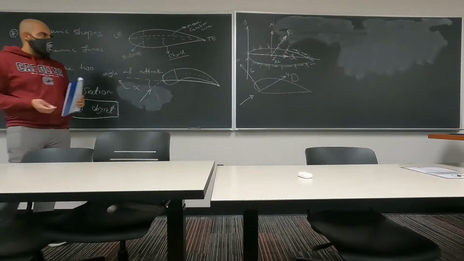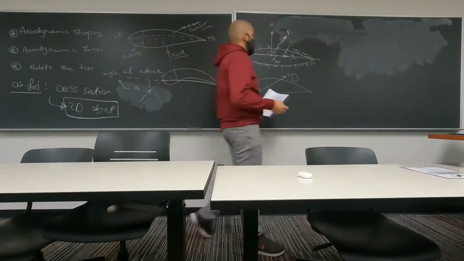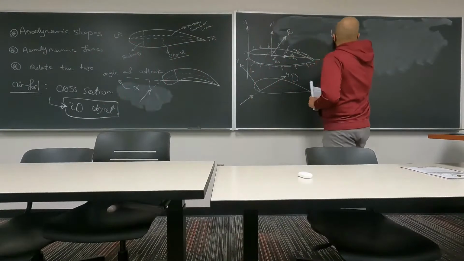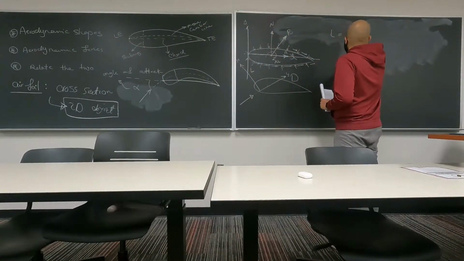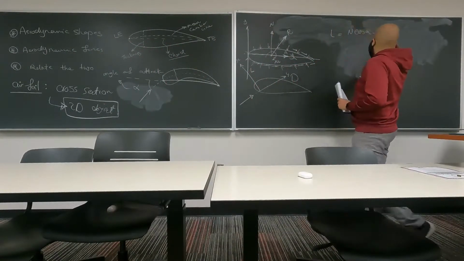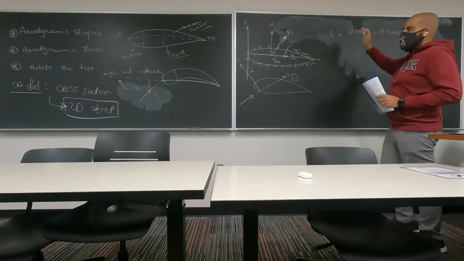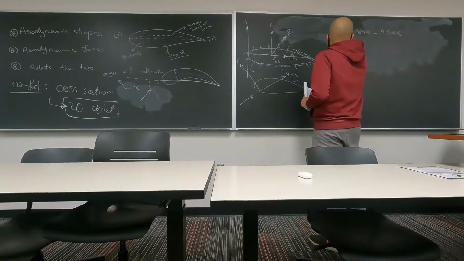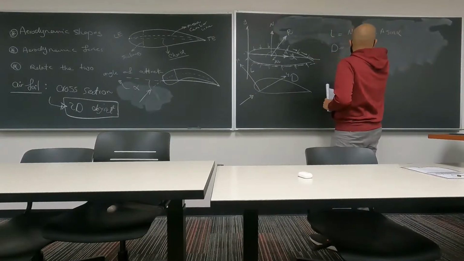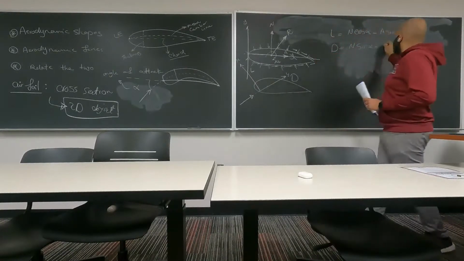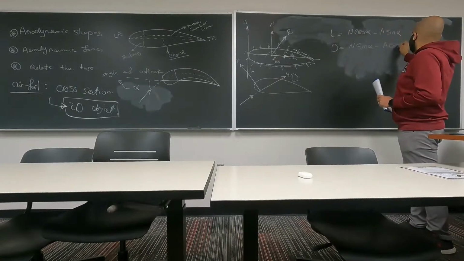We can actually find the relationship between these two perspectives using the angle of attack. So your lift is going to be equal to N cosine of alpha minus A sine of alpha, where alpha is your angle of attack. And your drag is going to be N sine of alpha minus A cosine of alpha.